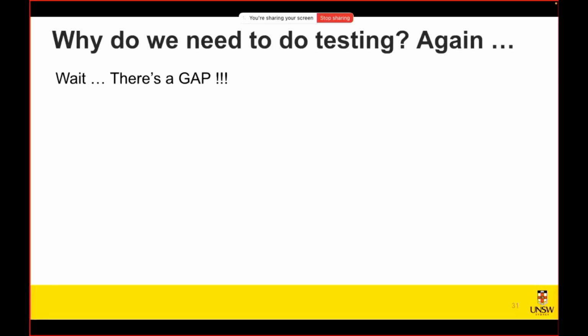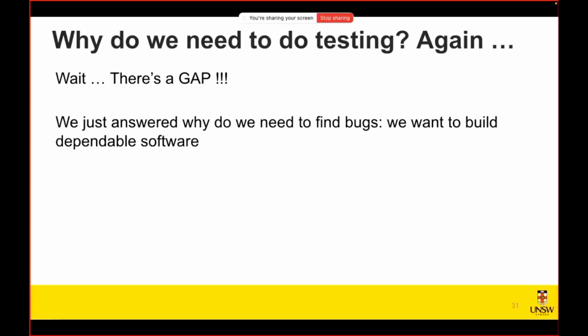Okay, so now we have covered the accurate description for a desired piece of software. We have covered the 4 properties for describing a dependable piece of software. And the reason for us to do testing is that we want to build dependable software by removing the bugs from them, right?